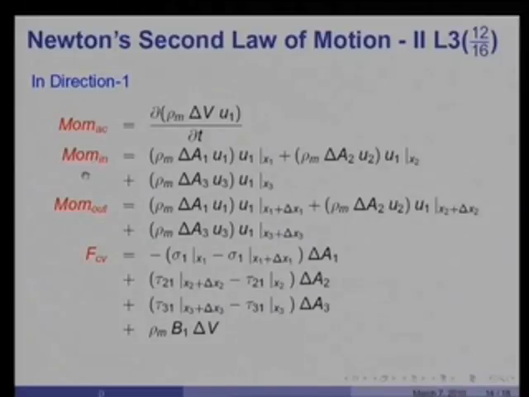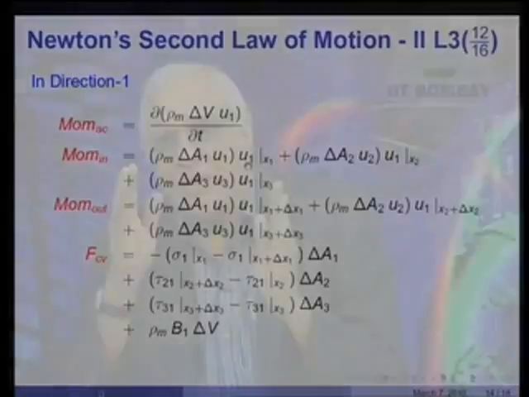What about momentum in? Rate of momentum in would be rho m u1 into delta a1, the mass coming in from surface x1 equal to constant. That must be multiplied by velocity u1 to get momentum in x direction. There is also mass coming in from x2 equal to constant surface.